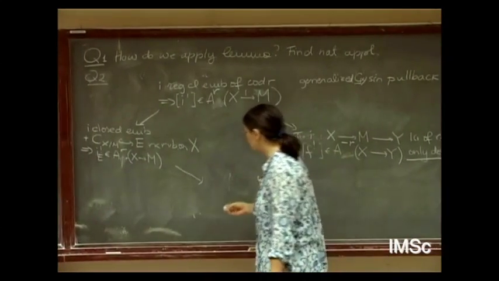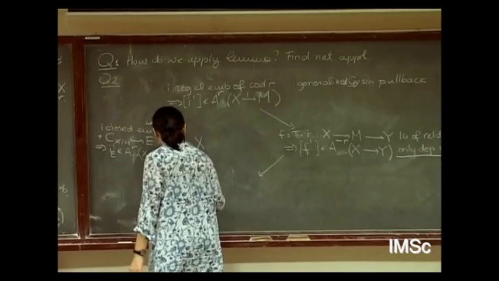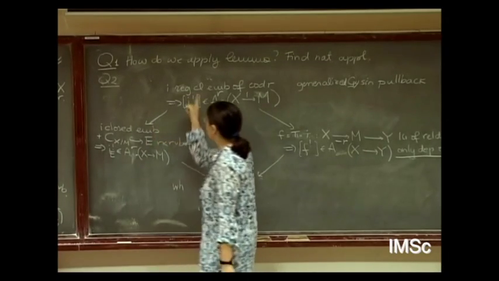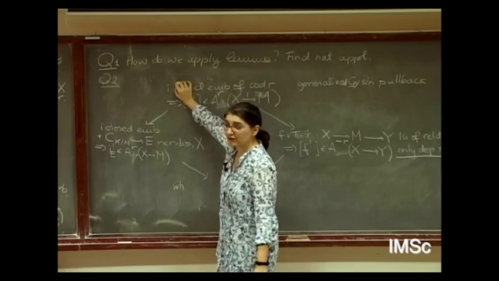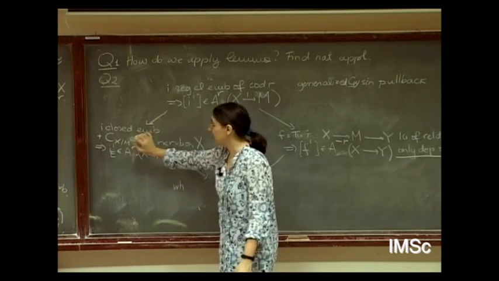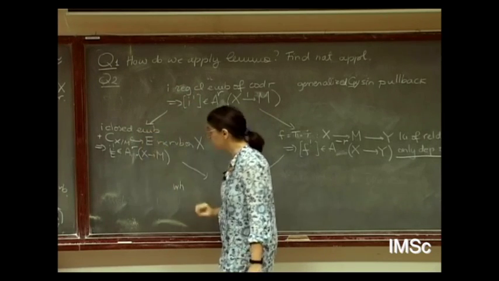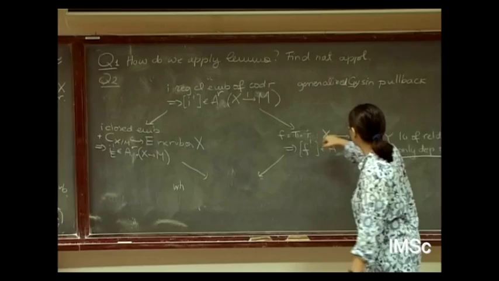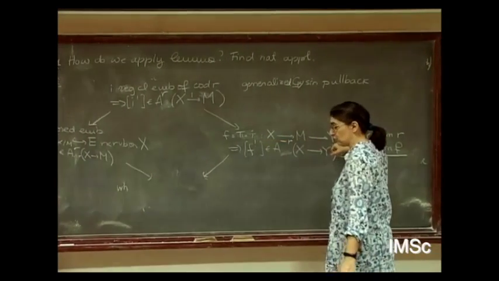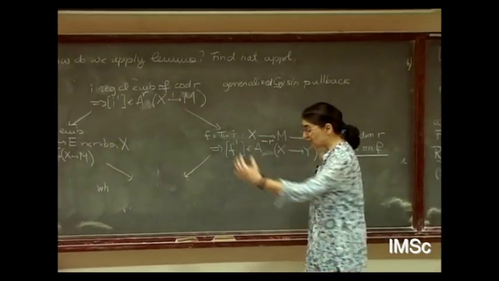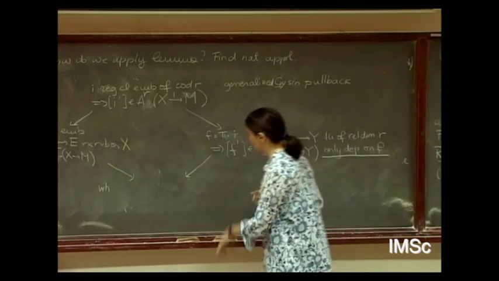Okay, let me just say what I want to say here. So what I want to know is, here I started with a regular closed embedding. I removed the condition of being regular and I added a bundle. Here instead I took a morphism and I assume it has a factorization, but I didn't choose one. So how do I do a common case?